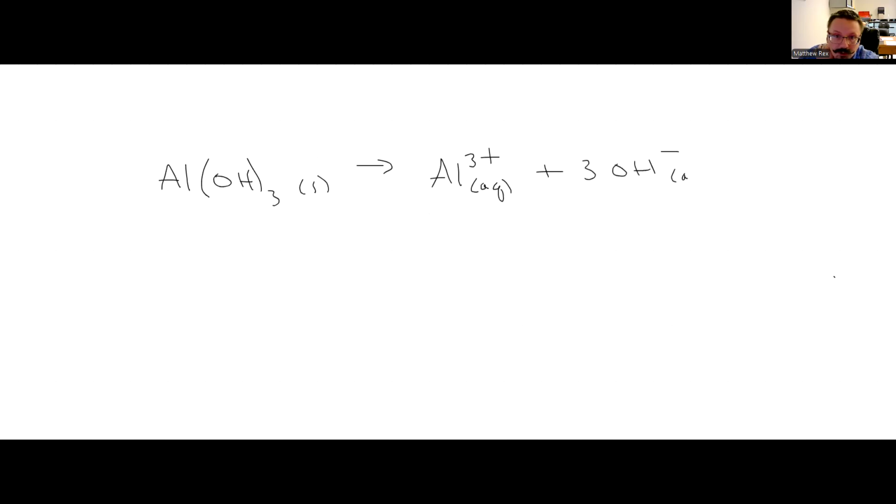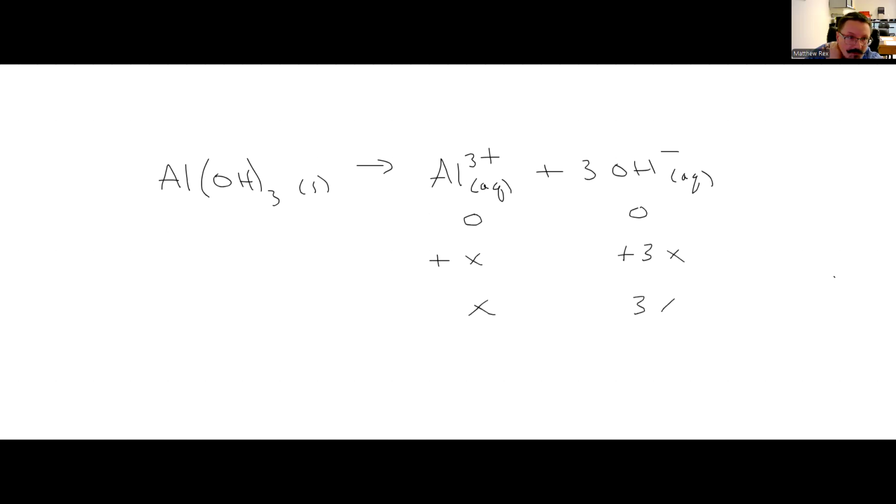So our next one now is the molar solubility for aluminum hydroxide. So when that solid dissolves in water and dissociates, we should get that. 0 starting concentration of each of these, produce X of that, and 3X of this.